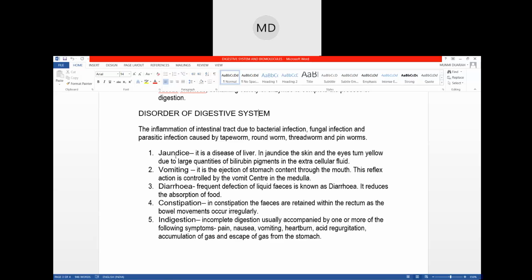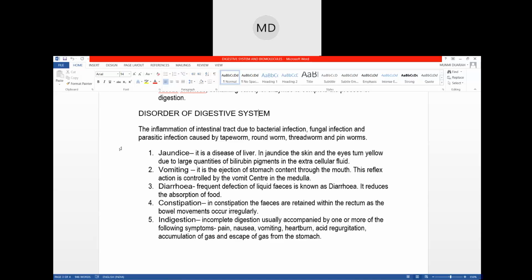When the quantity of the bilirubin pigment rises, it should be present in some optimum quantity, right? But when its quantity in the bile rises, one suffers from jaundice.